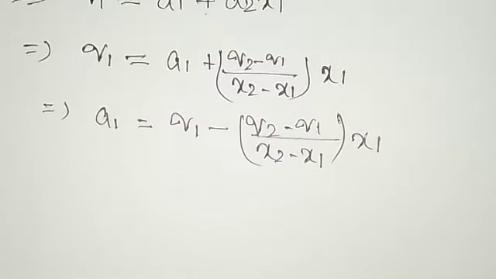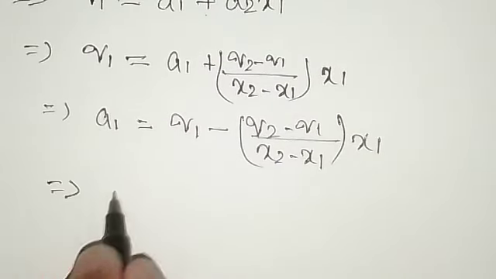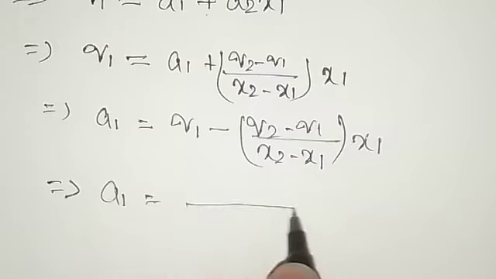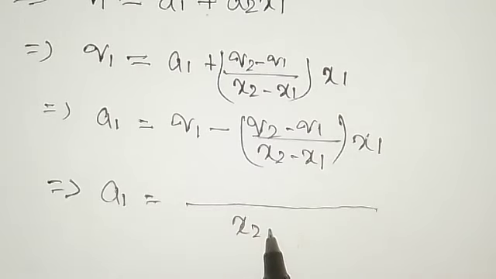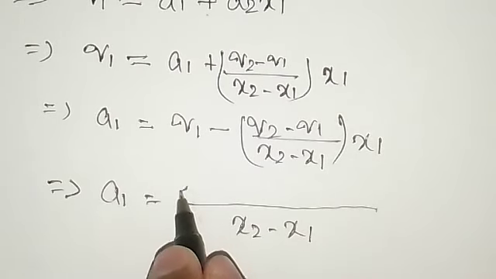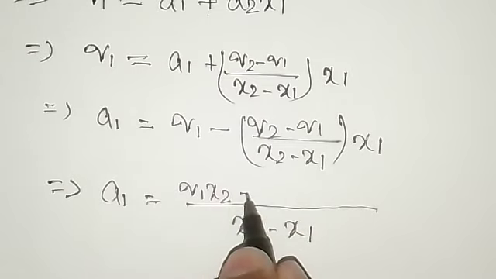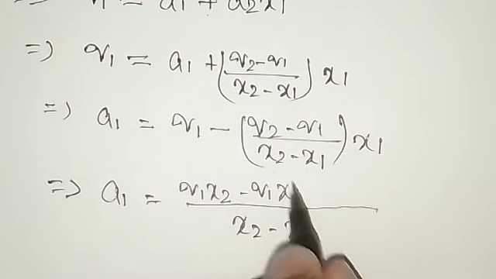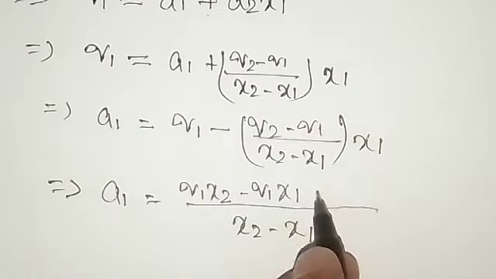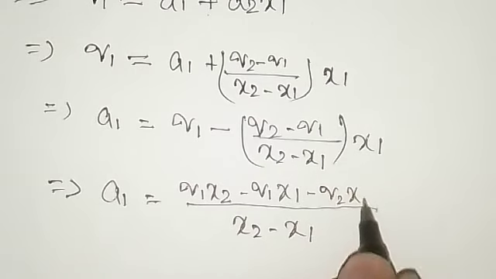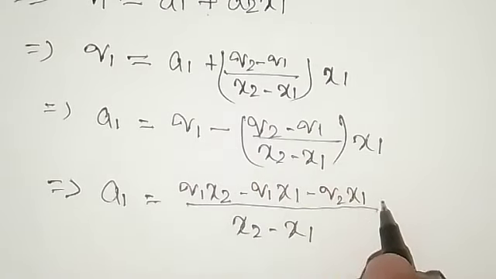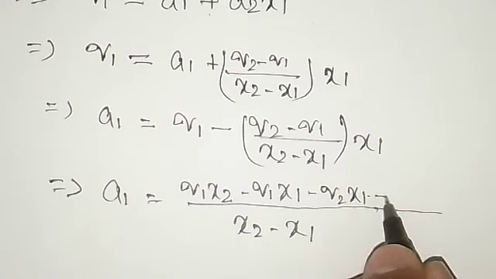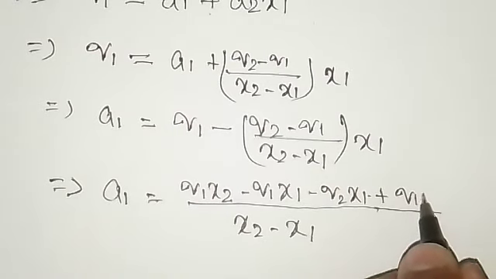Okay, then further a1 is equal to, let's simplify this, that is x2 minus x1 in the denominator. So this is q1 x2 minus q1 x1, and then when you open this bracket, that is minus q2 x1, and minus minus plus q1 x1.